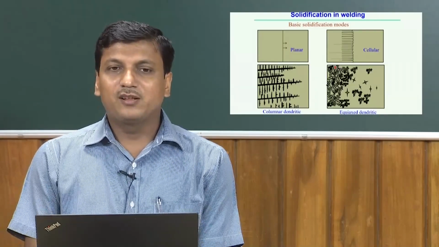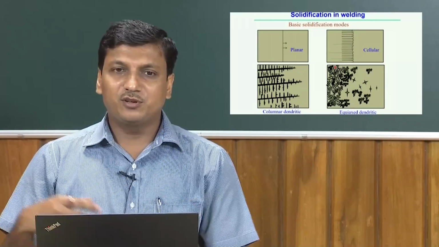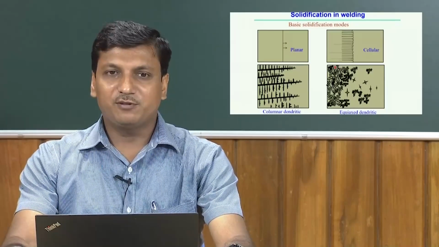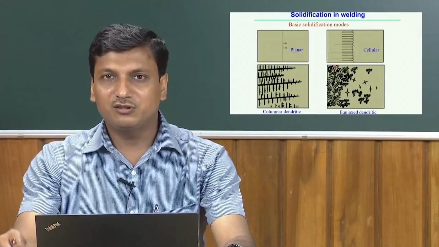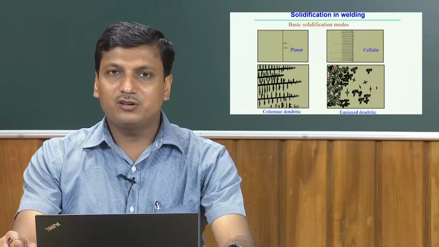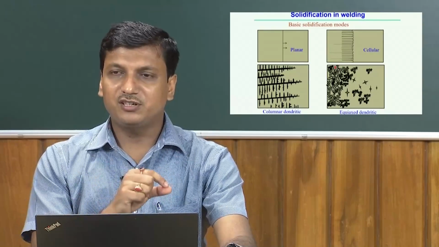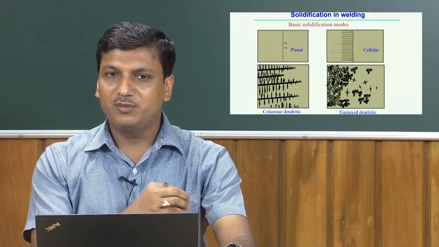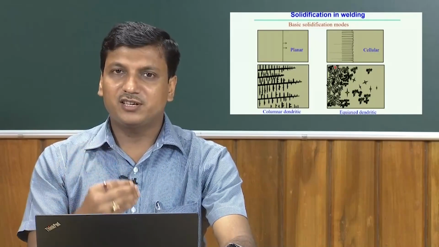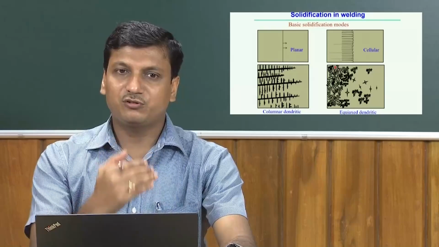Okay, and then during the solidification there may also be the possibility of formation of another type of solidification mode, that is called columnar or dendritic structure. That means the growth happens in such a way that it makes a big column and the primary and secondary dendritic arms are attached to that column.